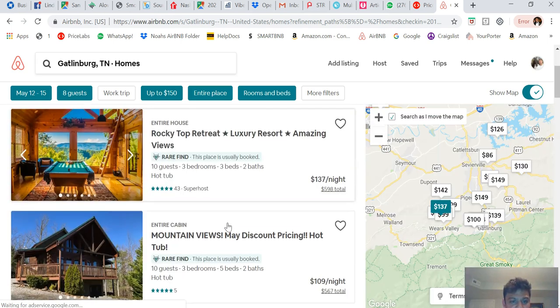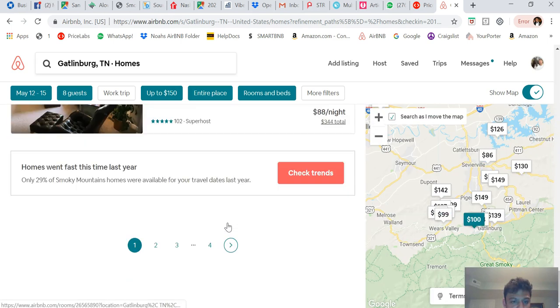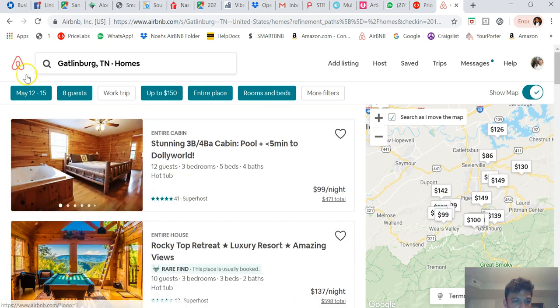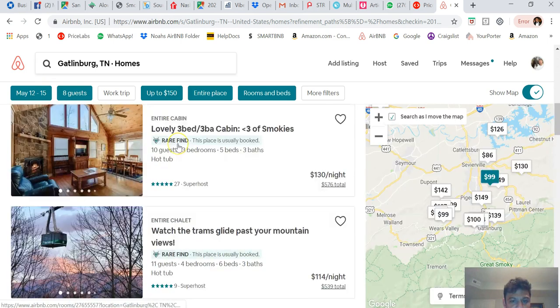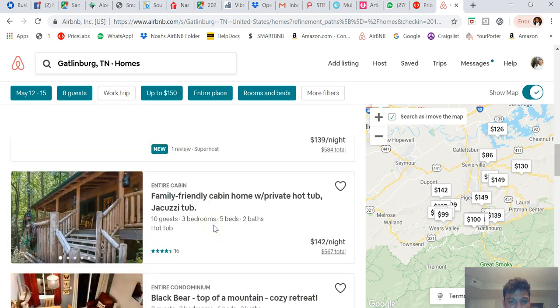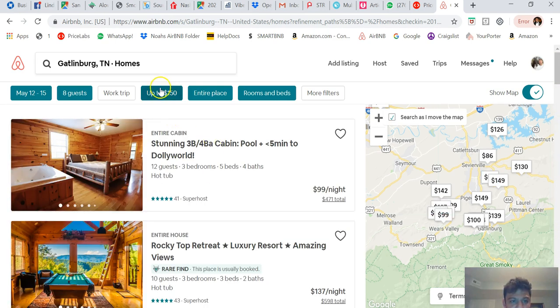But at 150, we're going to see how many are here. There's 61. If it doesn't show up here in this part, you can also look at the bottom, and this will show you exactly how many rentals there are. So there's 61 at 150 or below that can host up to 8 guests and have at least 3 bedrooms, 2 baths.